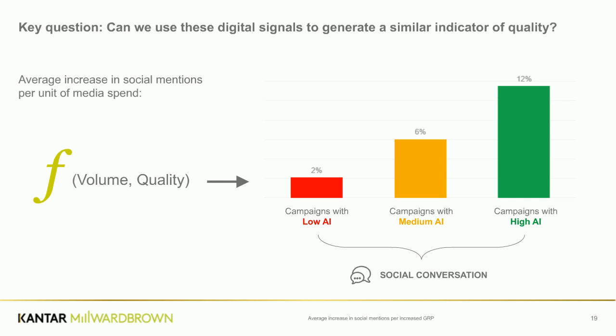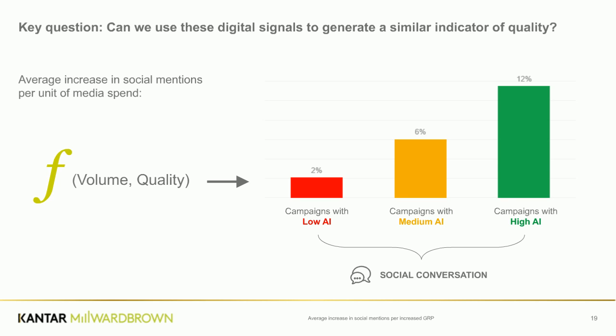If we look at the efficiency of those campaigns at generating conversation about the brand, we see exactly the same pattern. So the campaigns that are good at cutting through and getting noticed and being detected by surveys are the same campaigns that generate stronger uplifts in social conversation for the same level of media spend.